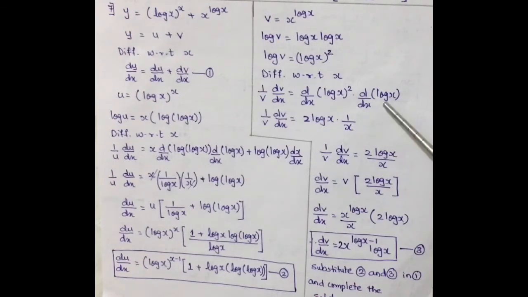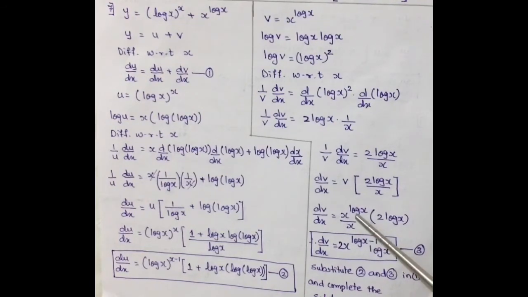Now d by dx of log x will be 1 by x. So we get here 1 upon v dv by dx is equal to 2 log x divided by x. Shifting v the other side, we get dv by dx is equal to v into 2 log x upon x. Keeping the value of v as x raised to log x, it is x raised to log x into 2 log x divided by x.